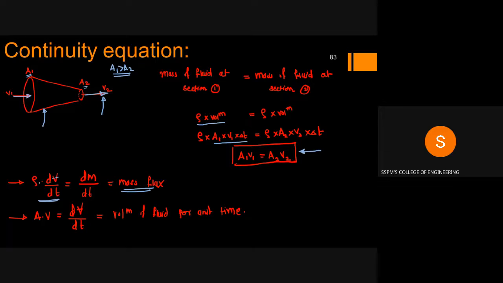Rho into volume becomes the mass, so dm upon dt is the mass flux, the rate of change of mass per unit time. And A into V is equal to dV upon dt, the volume of the fluid per unit time.